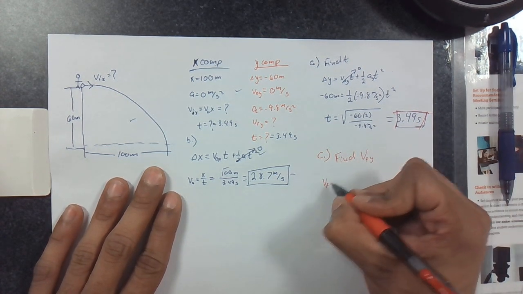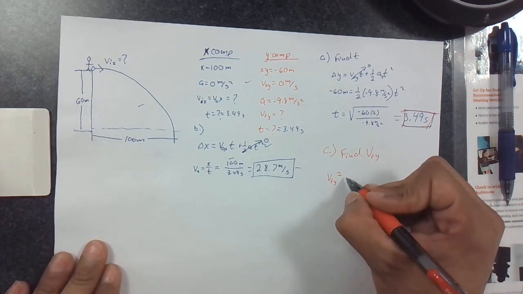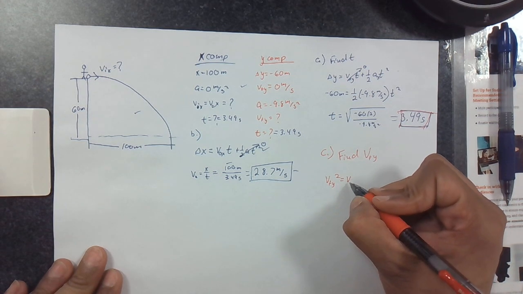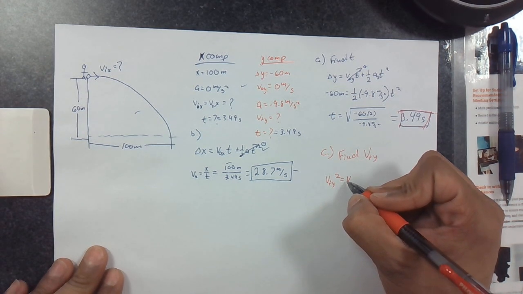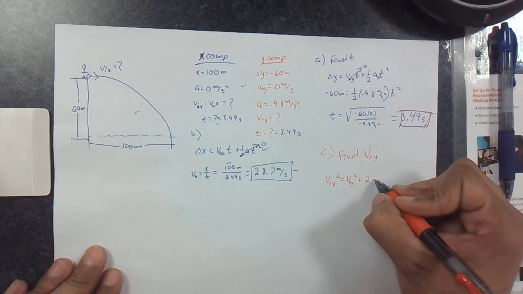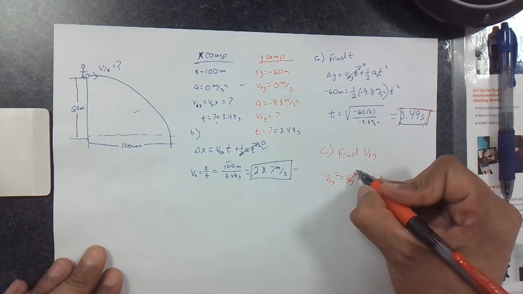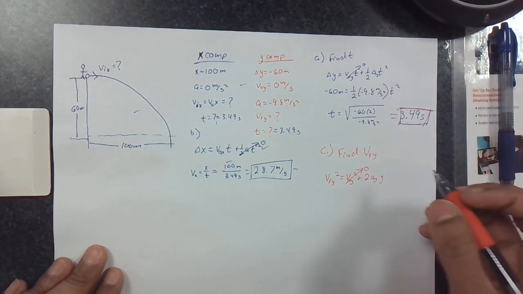So VFY squared is equal to V naught Y squared plus 2 acceleration in the y direction times the distance traveled. So this goes to 0. We had a 0 initial velocity.